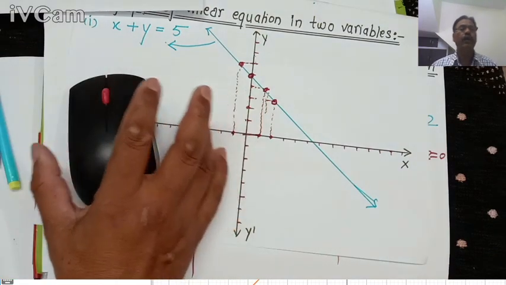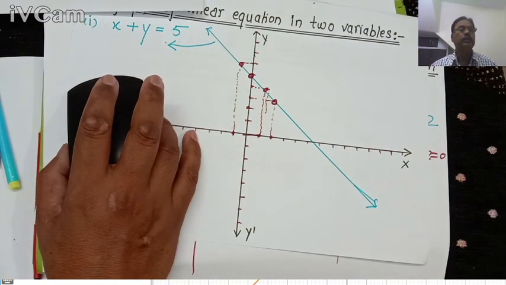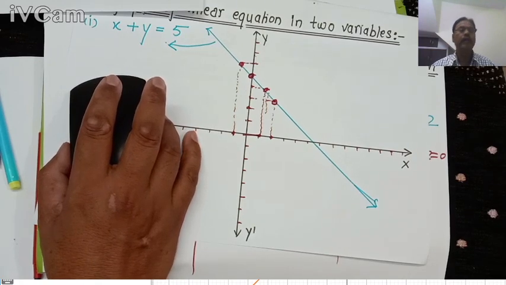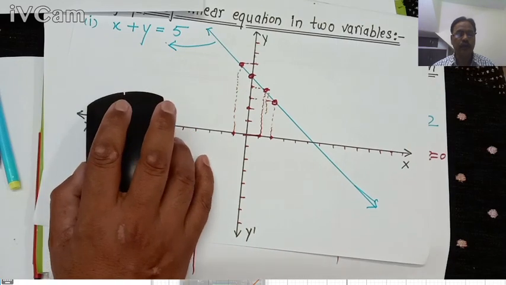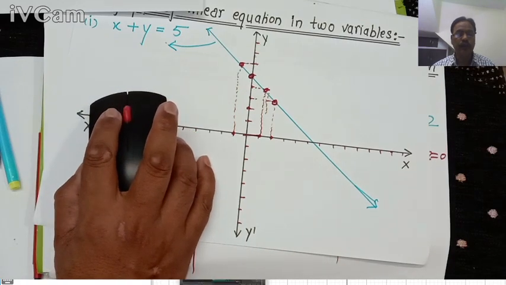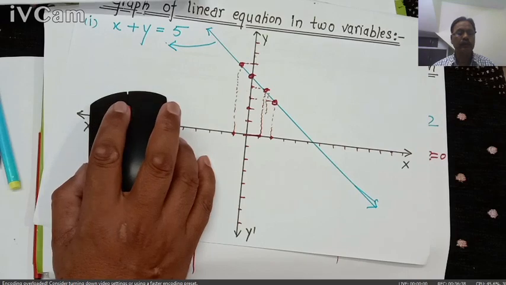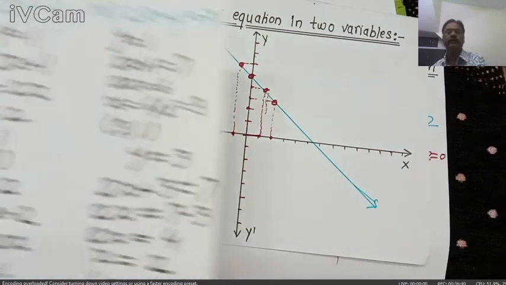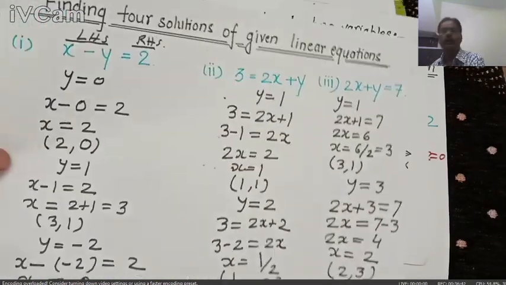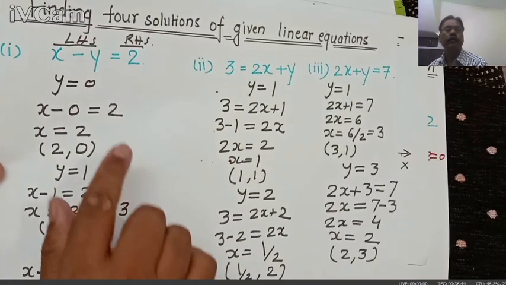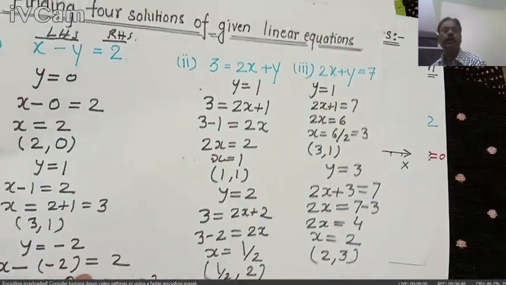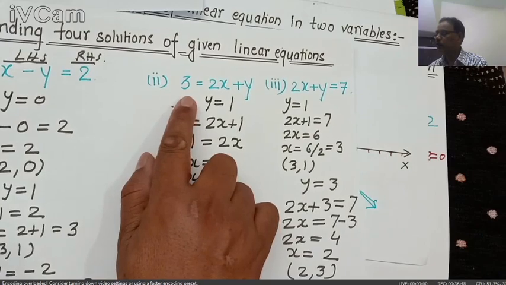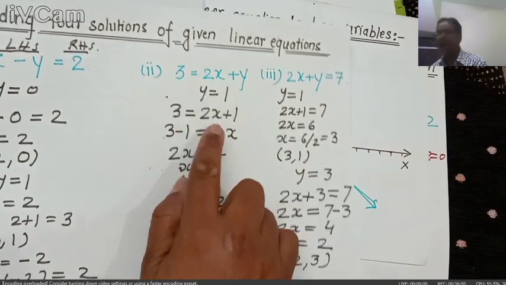We have already found the solution of this equation in the earlier sheet. You can see this sheet also if you want to see. I am showing it. For x minus y equal to 2 we have already found the solution. Similarly, for 3 equal to 2x plus y, we have already found the solutions.